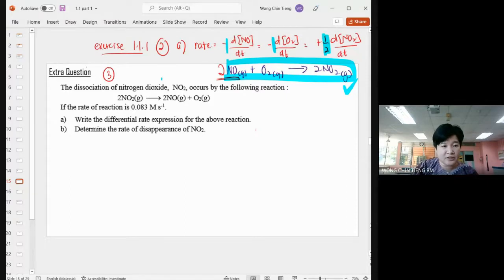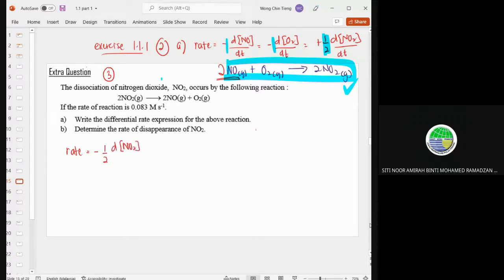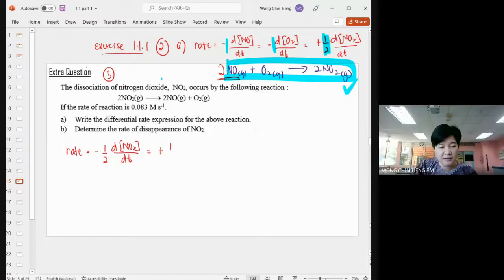The rate differential equation above, I can give this one. Rate, make sure there is the word rate. Negative 1/2 dNO2, not balanced equation, plus 1/2 dNO/dt, equals positive dO2/dt. Okay, this is the answer.